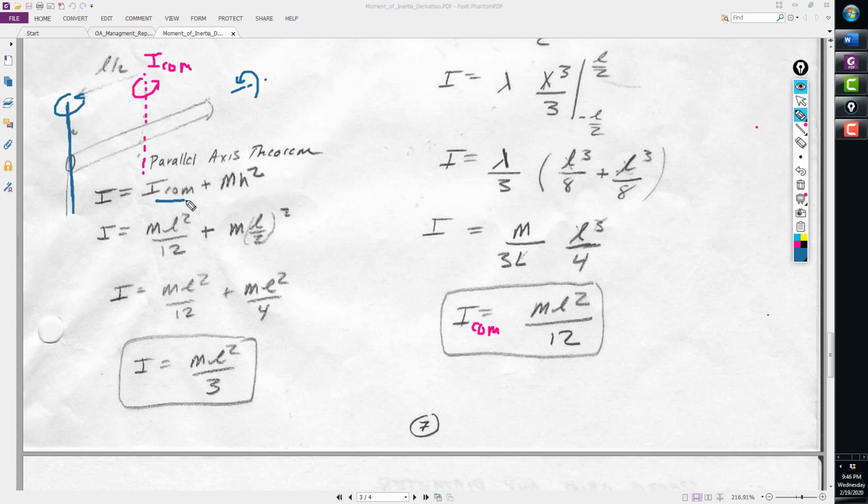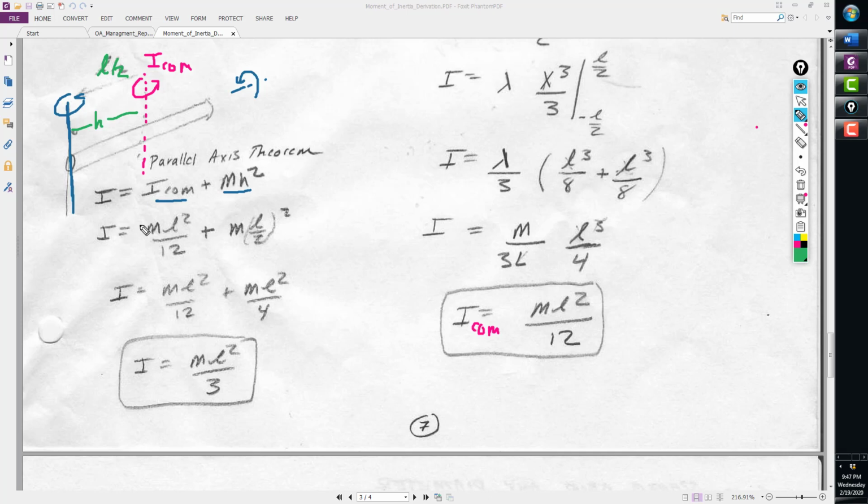So that's going to become I center of mass plus mh squared. And what is the h? The h is simply the distance between the two parallel axes. In this case, h is going to be l over 2. So we know that I center of mass, which is so critical to know because from there we can get anywhere parallel, is ml squared over 12.